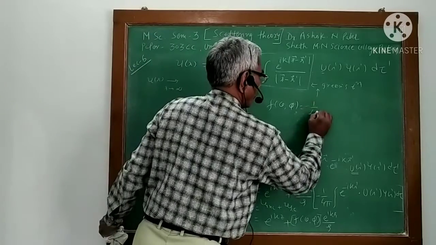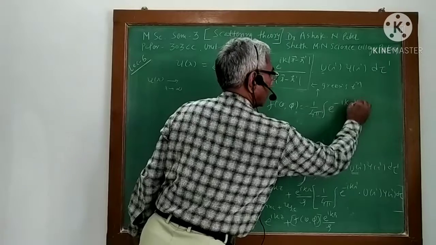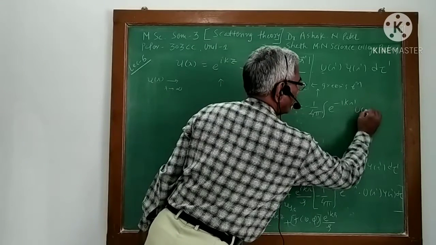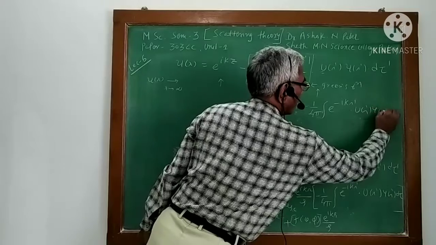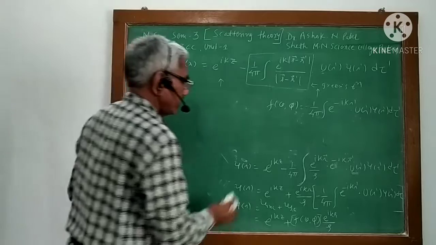So it is equal to minus 1 upon 4 pi integral e^{-ik r'} into u(r') into dτ', isn't it?